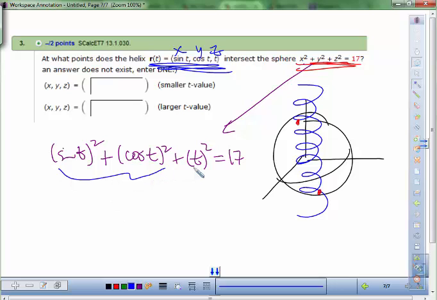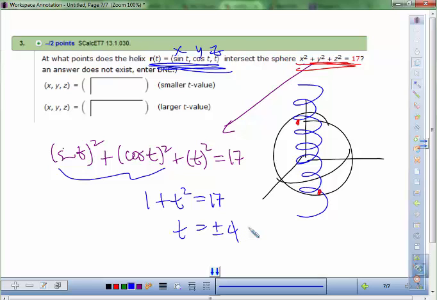Good thing we know our trig, right? And that sine squared plus cosine squared is equal to 1. Then we solve for this. So t squared is equal to 16. Take the square root, you throw the plus and minus. The square root of 16 is 4. So t is equal to plus or minus 4.